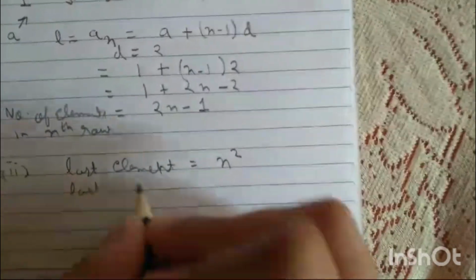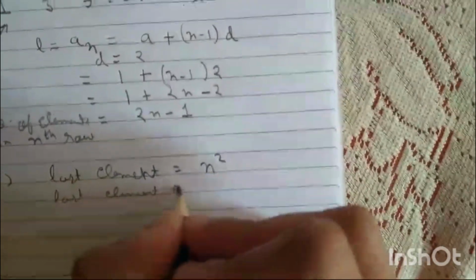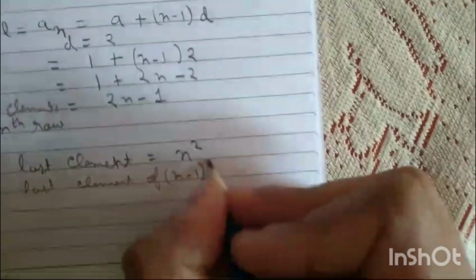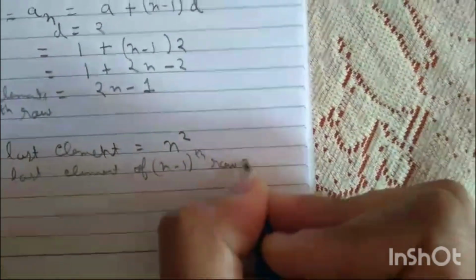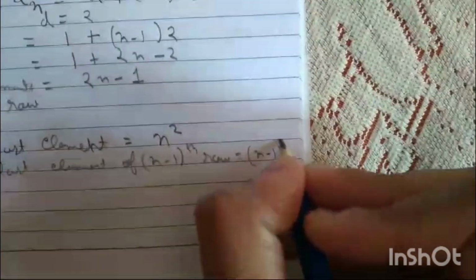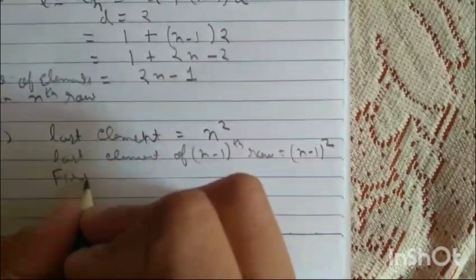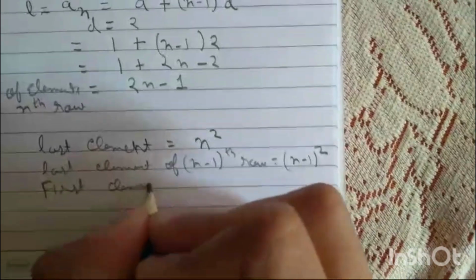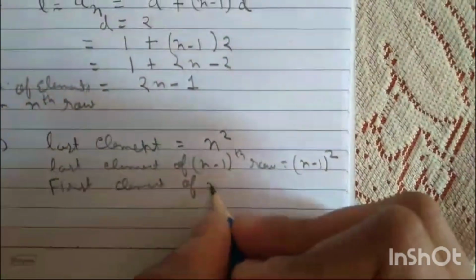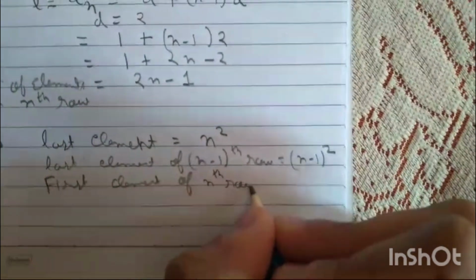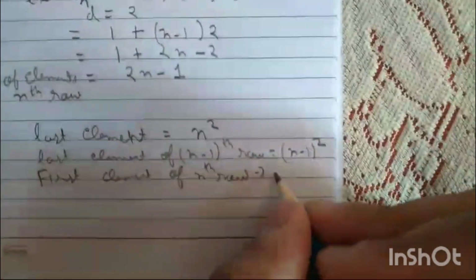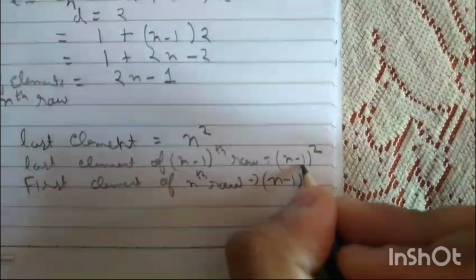So the last element of the n minus 1th row will be n minus 1 square, and the first element of the nth row will be 1 more than this, that is n minus 1 whole square plus 1.